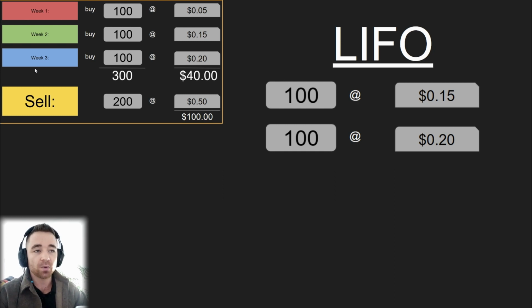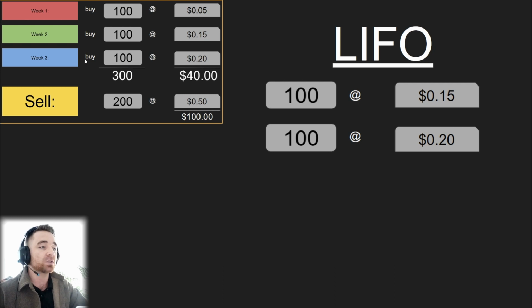So we're looking at week 3, which are the most recent arrivals. We bought them most recently. And because we're operating under a last in, first out methodology, we're going to assume we sold week 3 first. So we sold 100 balls from week 3 first, and those balls cost us 20. All right, so that's how we get this one.